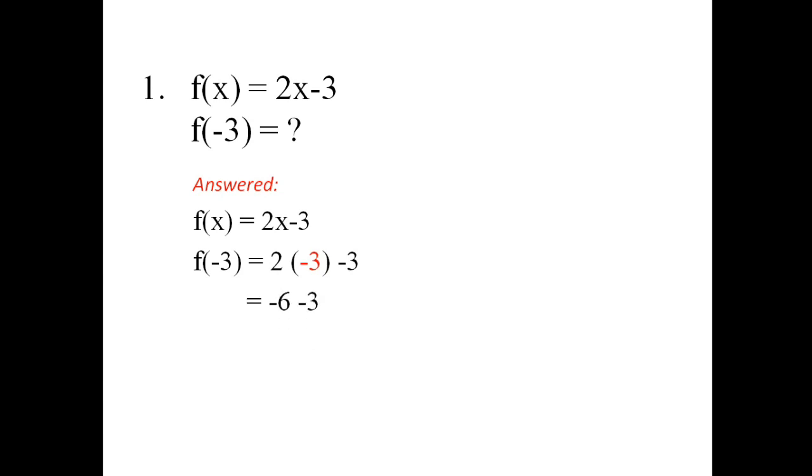For this case, the value of x is minus 3, so we can substitute minus 3 for x in the function. f of x equals 2x minus 3 equals 2 times minus 3, and then minus 3. 2 times minus 3 equals minus 6. Minus 6 minus 3 equals minus 9. So the solution for f of minus 3 for this function is minus 9.